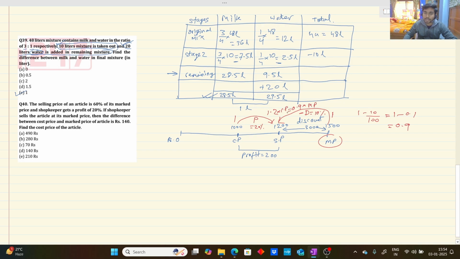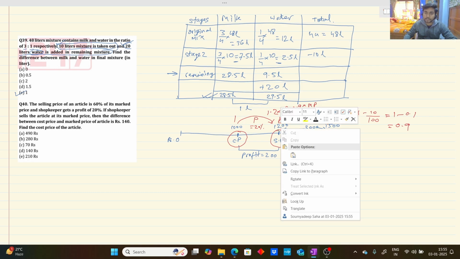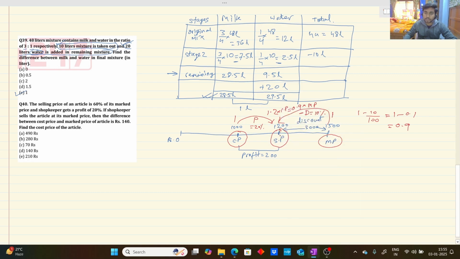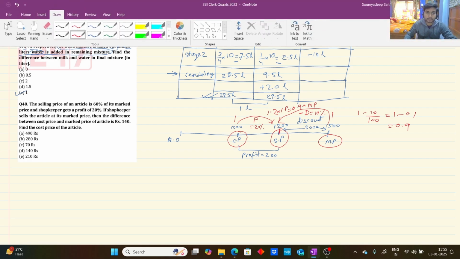These two values are exactly the same, because one value comes from a lower CP by adding 0.2 to reach the selling price, and the other comes from a higher value, the marked price, coming back on the number line to a lower value, converging on this one single point, that is the selling price. So this is the concept that I want you to learn. Now moving on to the question.